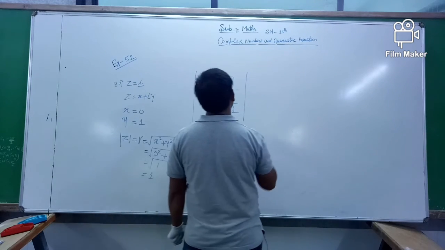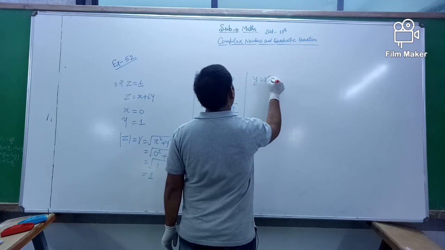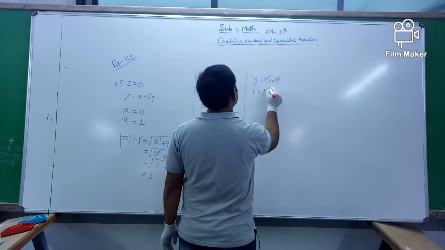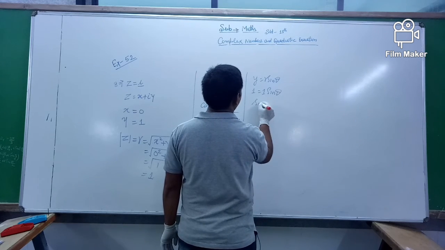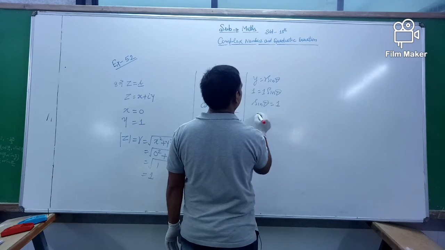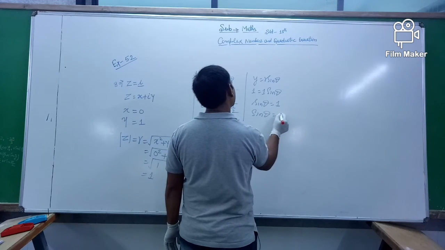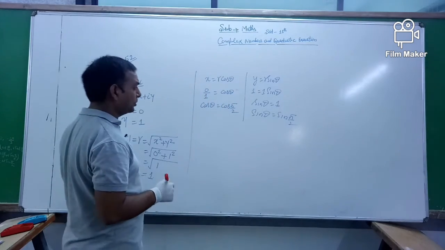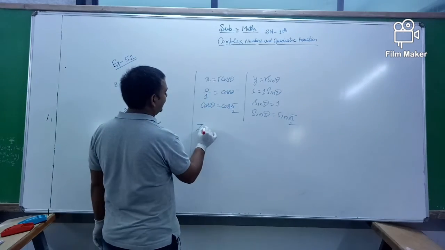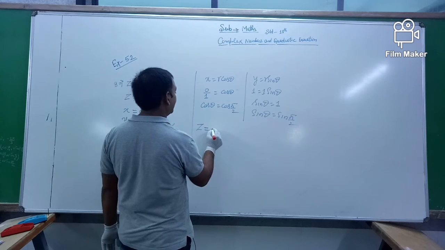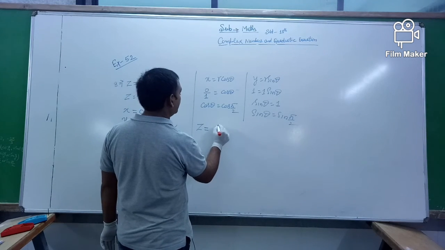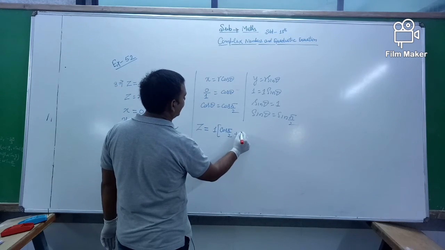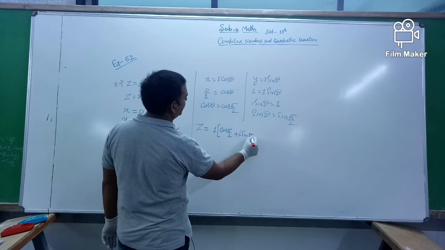Second condition, y is equal to r sin theta, so y is equal to 1 is equal to 1 sin theta, so sin theta is equal to 1. So sin theta is equal to sin pi by 2, because this is the value of 90 degrees. So the polar representation is z is equal to r, the value of r is 1, times cos pi by 2 plus i sin pi by 2.